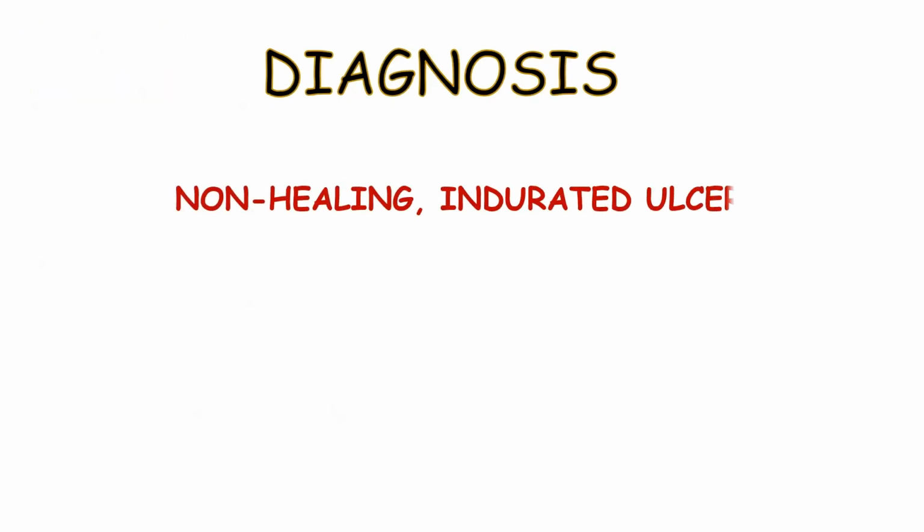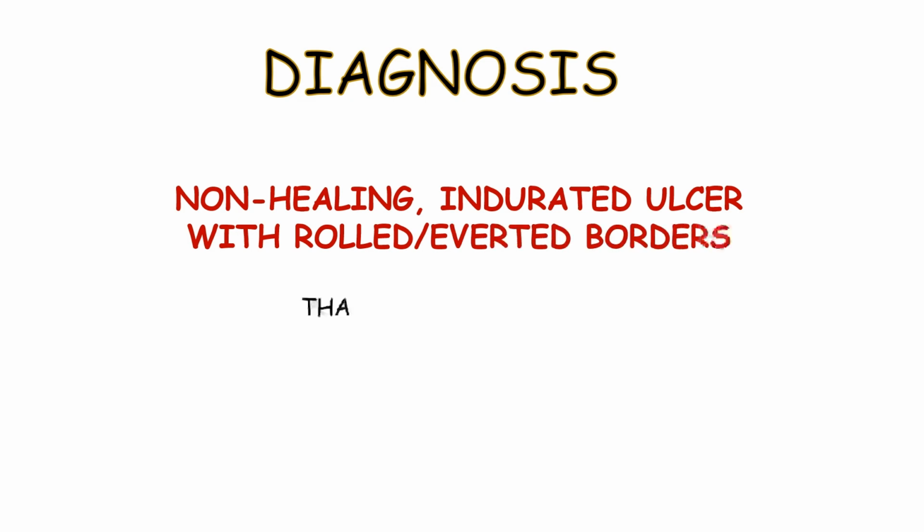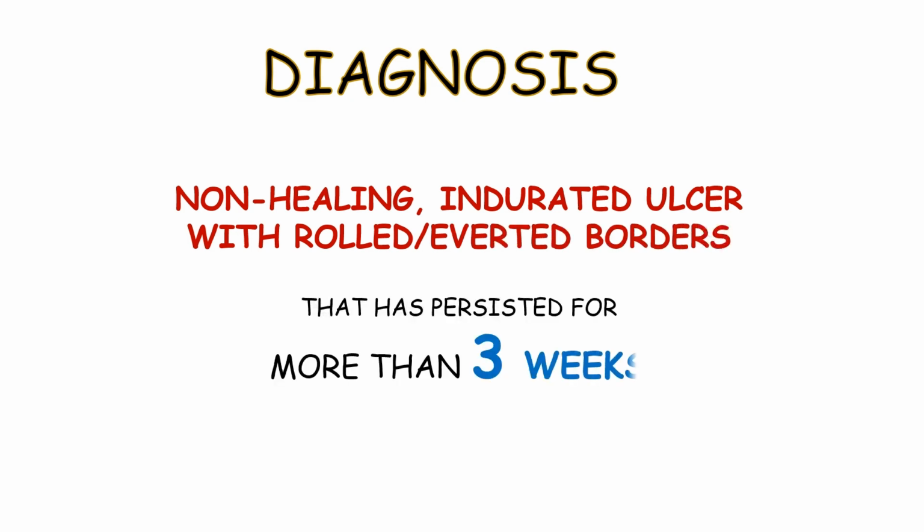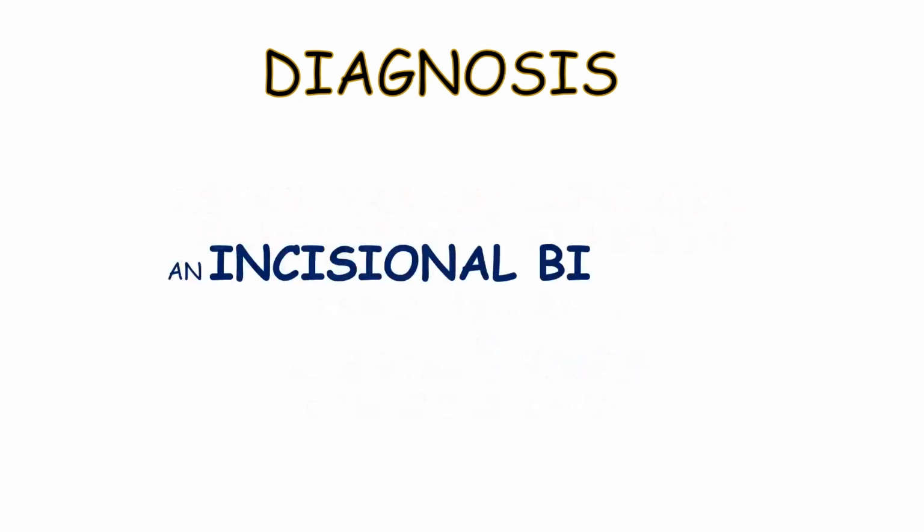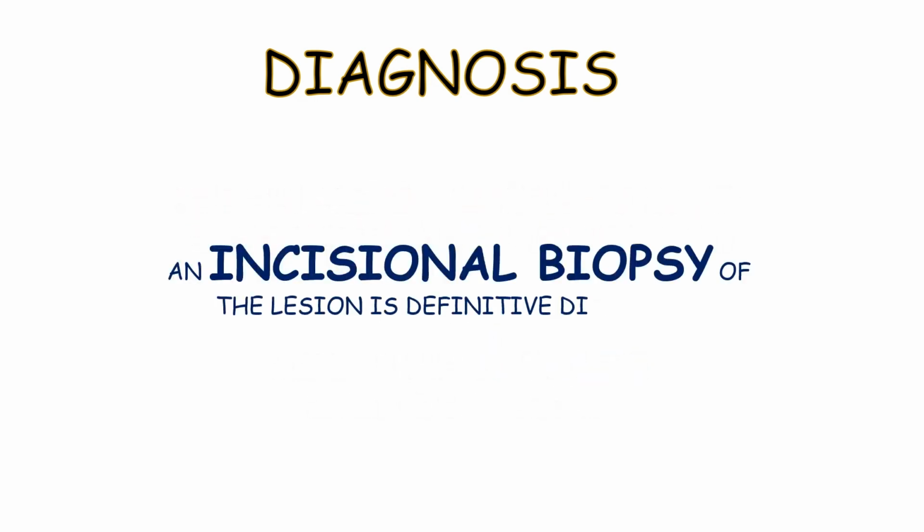As for the definitive diagnosis, any non-healing indurated ulcer with rolled everted borders that has persisted for more than 3 weeks needs evaluation. Thus, an incisional biopsy of the lesion is a definitive diagnosis.